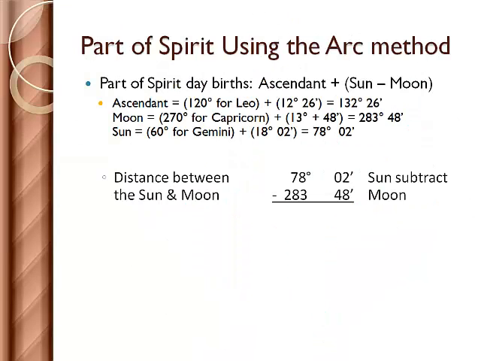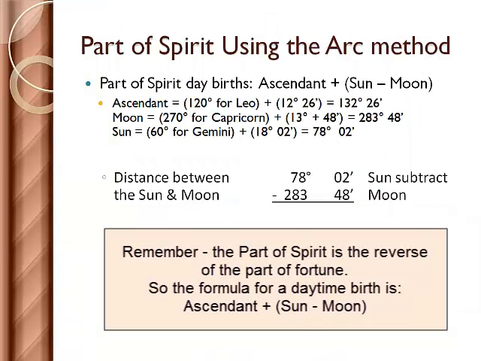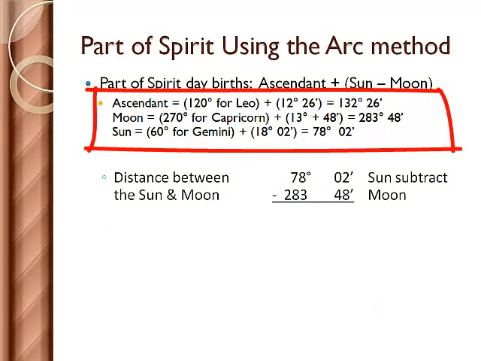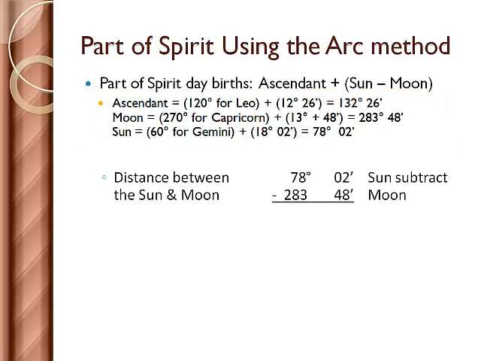Once again, we can do that same type of calculation only putting all the different points into the 360-degree circle. So in this case, we're subtracting the moon from the sun's position, and we have a problem. You cannot subtract 283 degrees 48 minutes from 78 degrees 2 minutes.